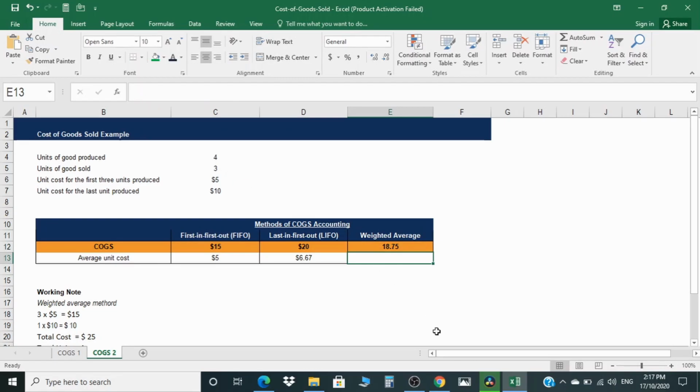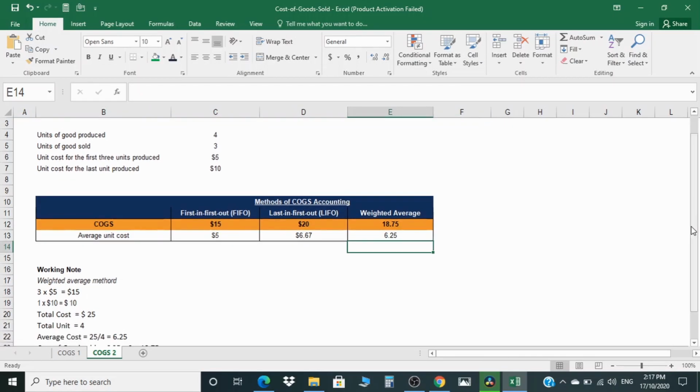You'll get your answer. That's the weighted average method. And how much is the average unit cost? So there, divide, because you are actually selling 3. This is a little bit different.